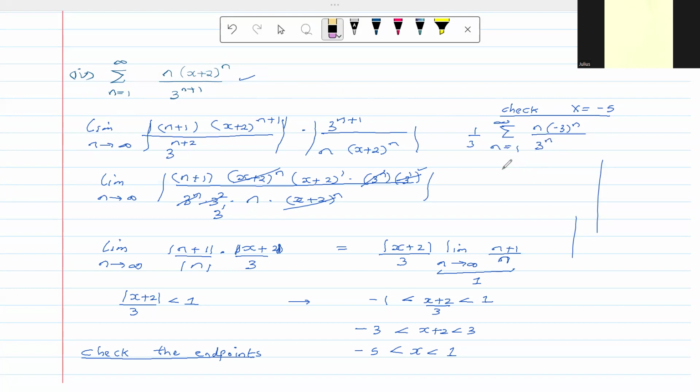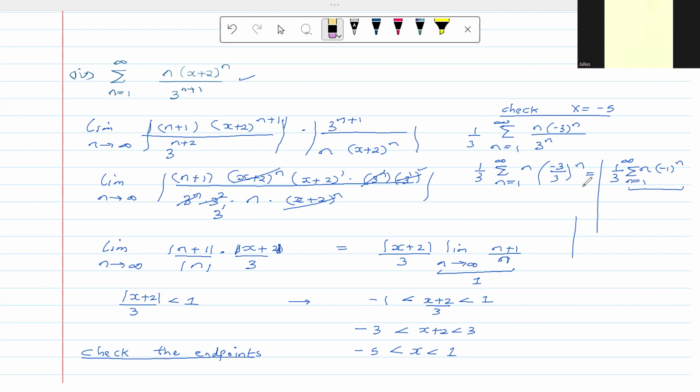And then this is the same as 1 over 3, the sum as n starts from 1 to infinity of n times minus 3 to the power of n divided by 3 to the power of n. Since they have the same power, this becomes a third, the sum as n starts from 1 to infinity of n times minus 1 to the power of n.